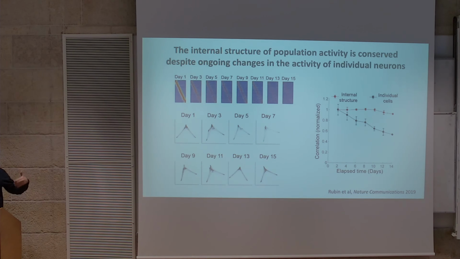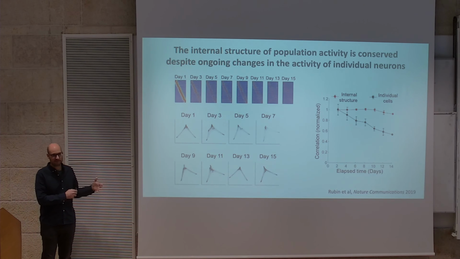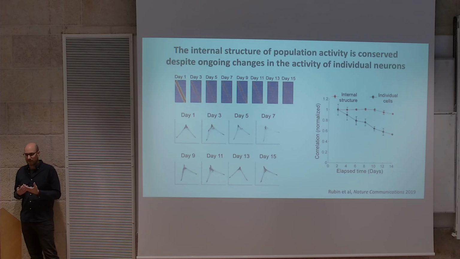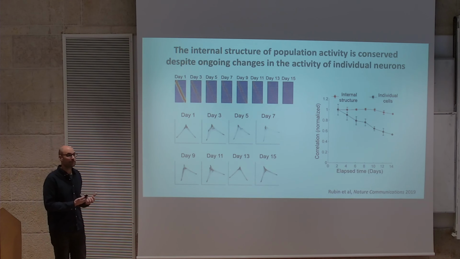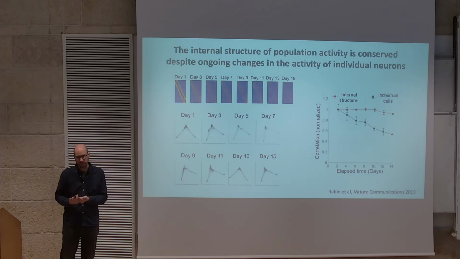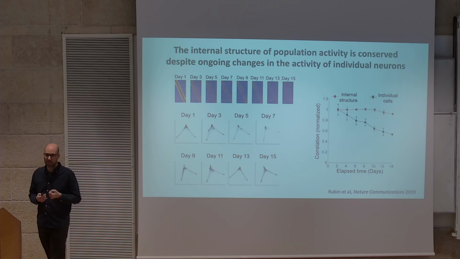But now we are applying the same or a similar analysis also on the data that I showed you now to test the possibility that the conservation of the internal structure of neuronal activity over time could better explain the persistence of memory than the stability of the coding properties of individual neurons.